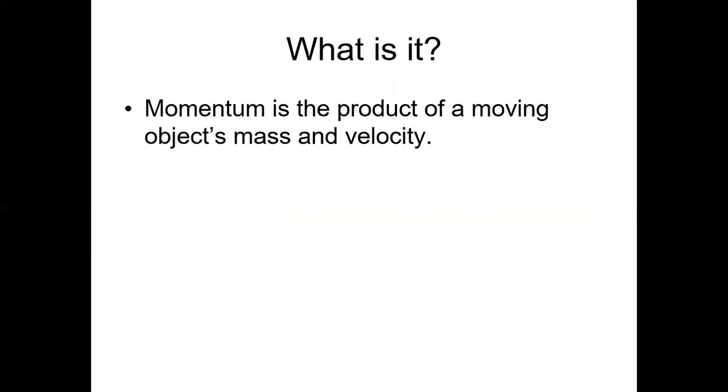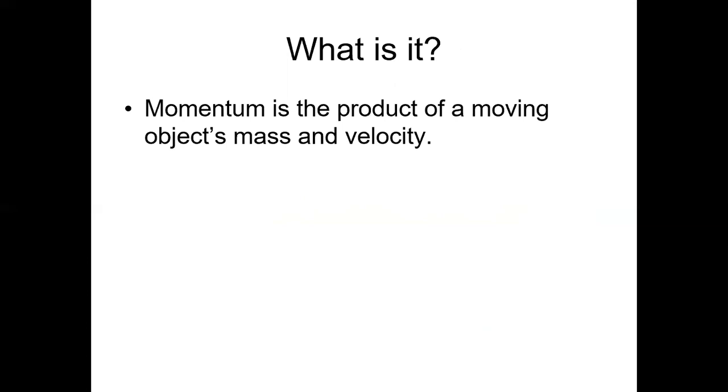So first of all, what is momentum? Momentum, as a quick definition, is the product of a moving object's mass and velocity. It can involve two objects that both have mass and velocity, but one can be stationary and one can be moving. But generally, it's the end result, if you like, of an object's mass and velocity.